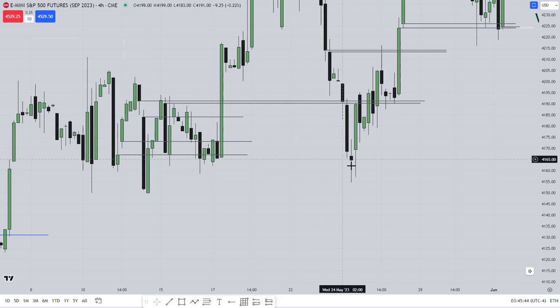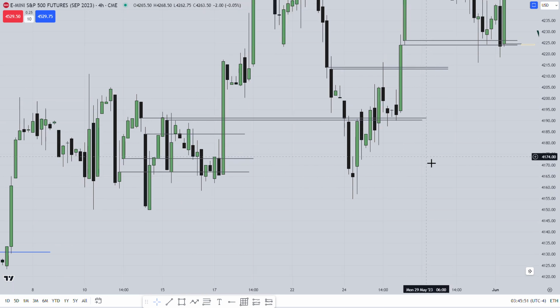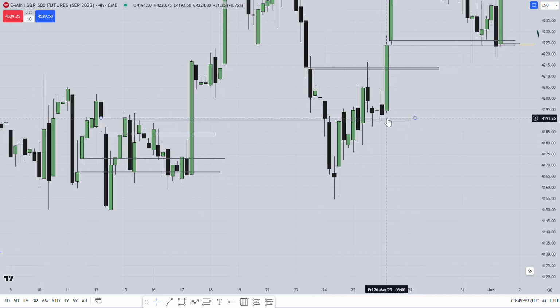Then price can go through it for the liquidity or for balancing another imbalance. But when it has done its job, this specific gap will help you make a clear entry.